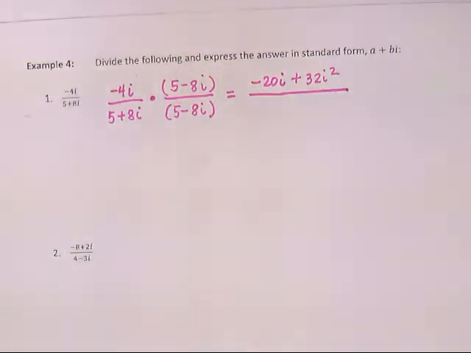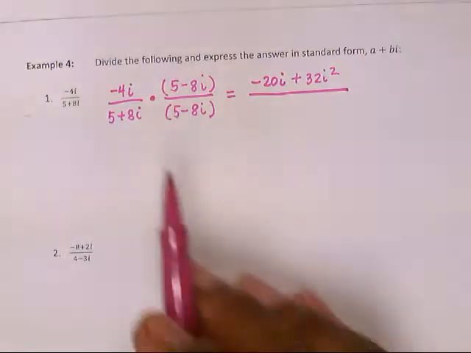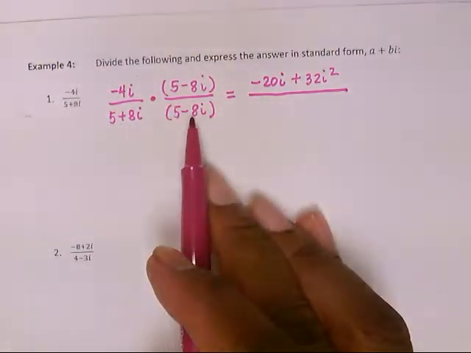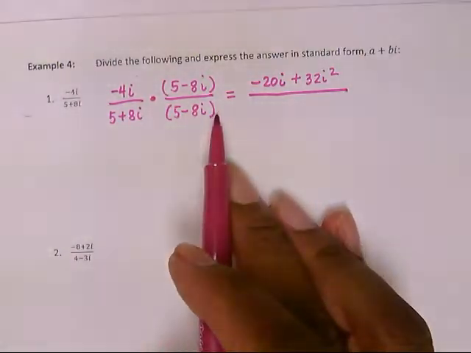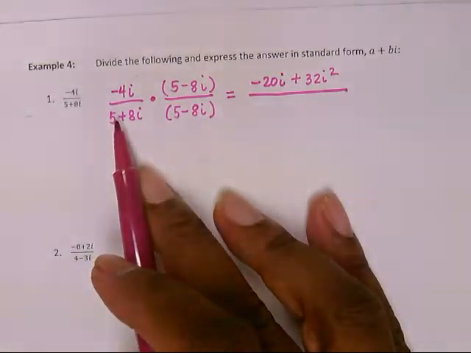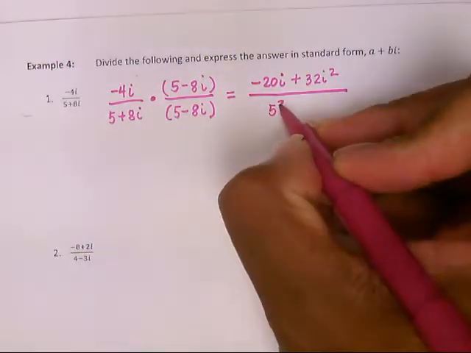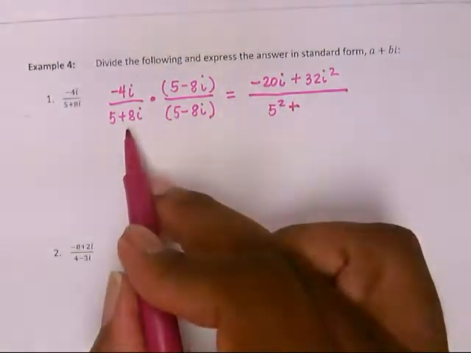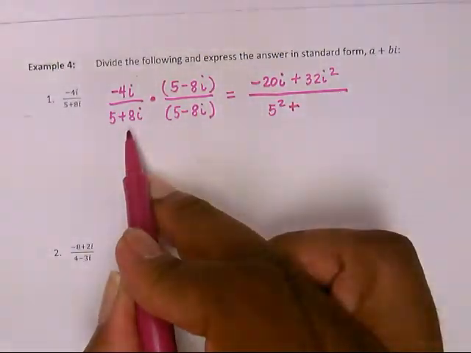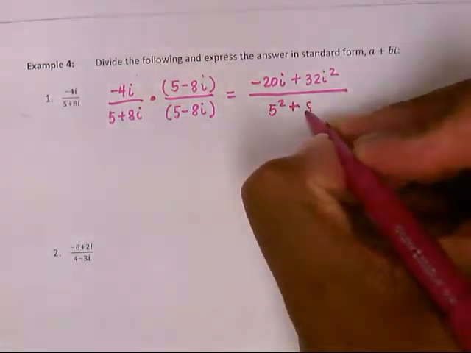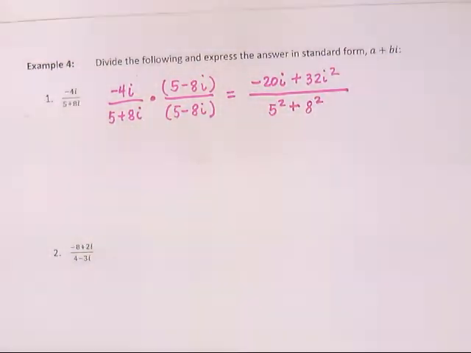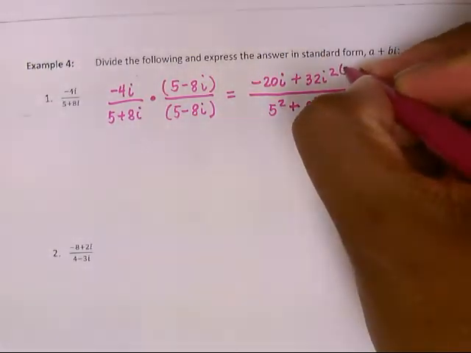Now the denominator, since 5 plus 8i and 5 minus 8i are conjugates, we just simply square the real part, which is the 5, so it's just going to be 5 squared, plus the square of the imaginary part, which is 8. So it'll be 8 squared. And notice in the numerator we got i squared. We need to replace that with negative 1.